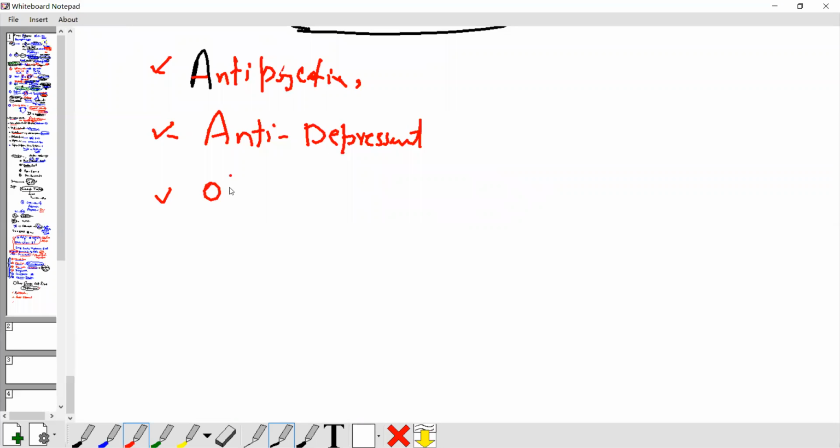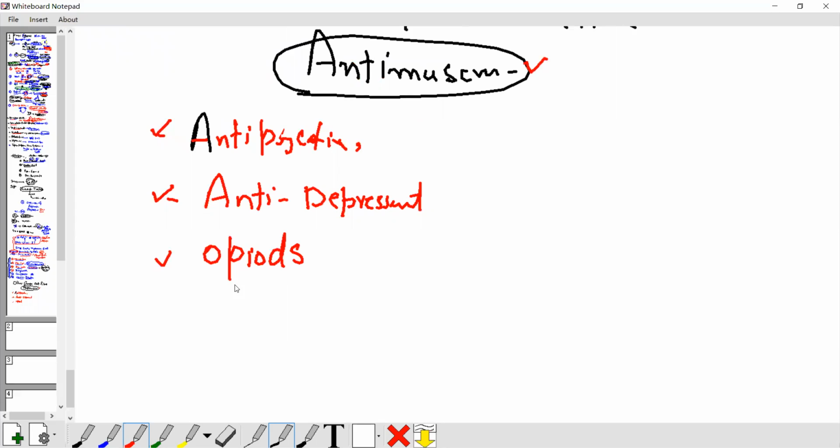Number three, opioid, same side effects as antimuscarinic. Number four, antihistamine. So if you're taking an antihistamine for allergy, this antihistamine also has the same side effects: dry eye, dry mouth.